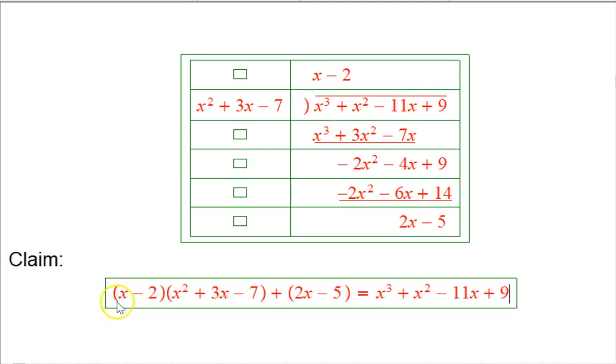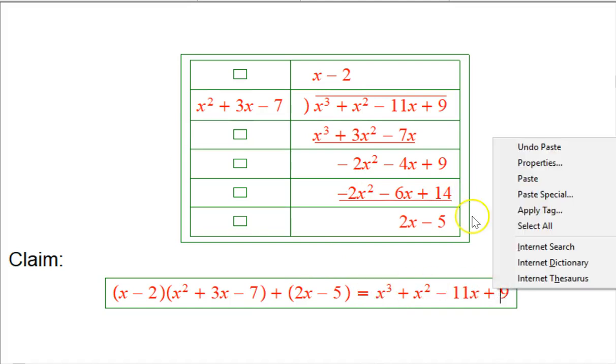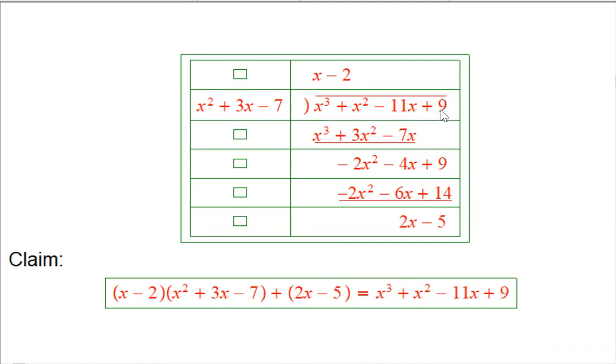If I take x times the divisor, I get this first thing that I subtracted off. And if I take minus 2 times the divisor, I get this thing, which I also subtracted off. When I subtract both of those off, all I'm really doing is taking the original numerator and subtracting x times the denominator and subtracting off minus 2 times the denominator. When I subtract all that off, I should get 2x minus 5.